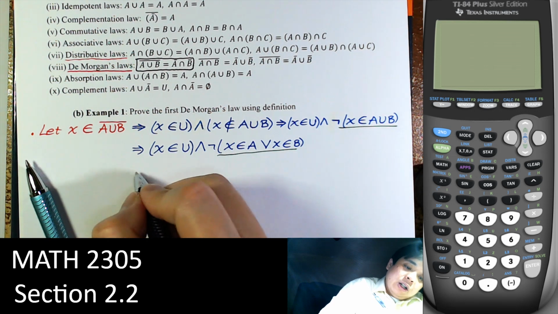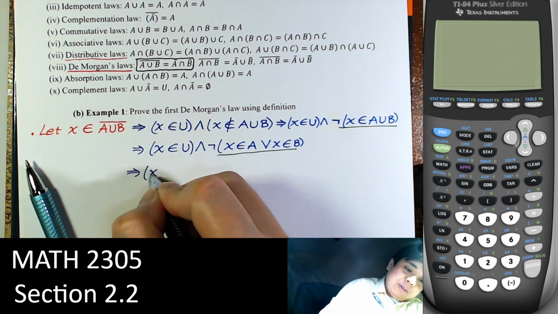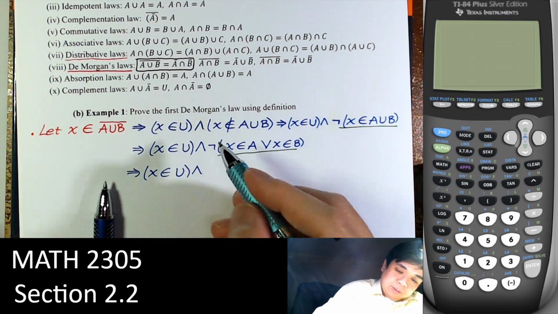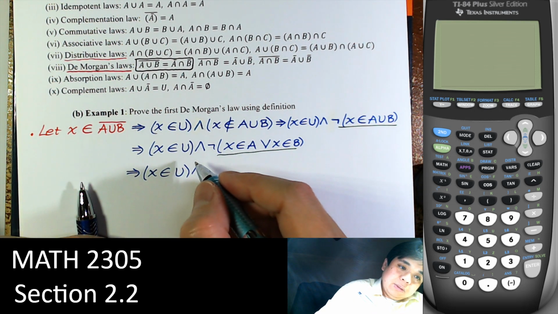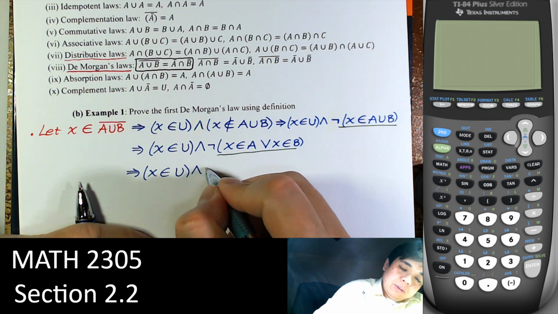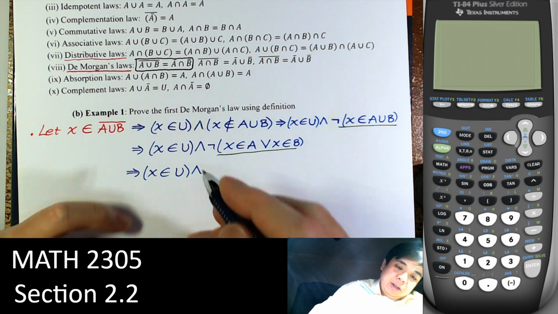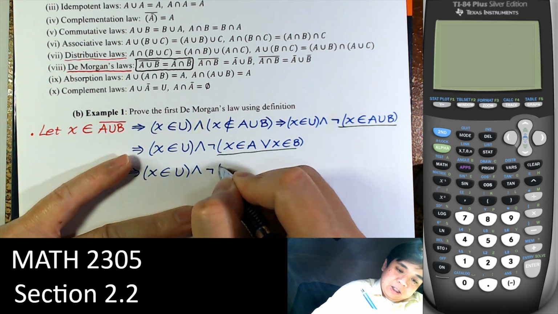Now we use De Morgan's law of logic, meaning we have not.